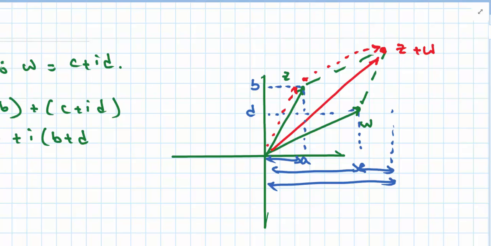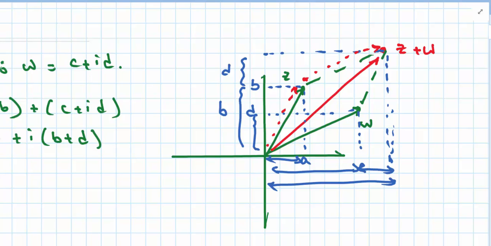My diagram's not quite perfect, but you can see what's happening. And then the same is true for the imaginary part of the addition, where we're adding b and d, so that d gets added on top, b plus d, resulting in the new position.